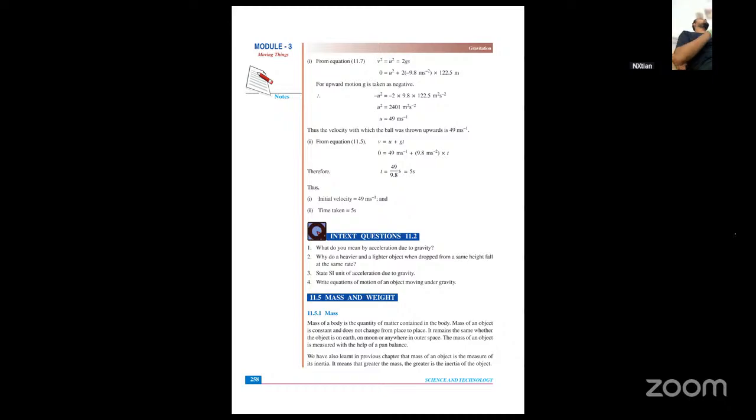Okay, so basically, I want to tell you about mass and weight. Mass is basically the actual content of a substance. Weight is a force. Weight is not an actual content, but it's a force. For example, right now my weight is 90 kg. It's actually 94, 95, but I'm taking it as 90. So if my weight is 90 kg on Earth, but if I go on the Moon, my weight will be 15 kg.